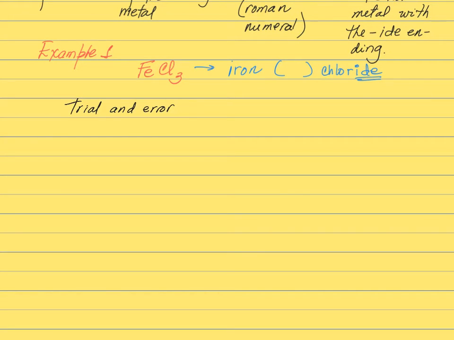Together with the list of polyatomic ions, I'm going to give you a list with the possible oxidation numbers of the different transition metals. If you look at the list, iron can show two oxidation numbers, 2 positive, 3 positive.